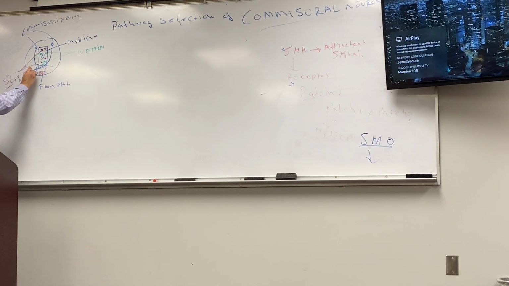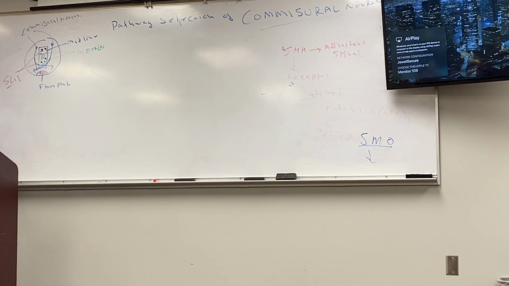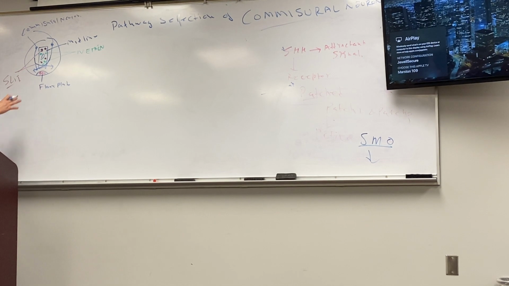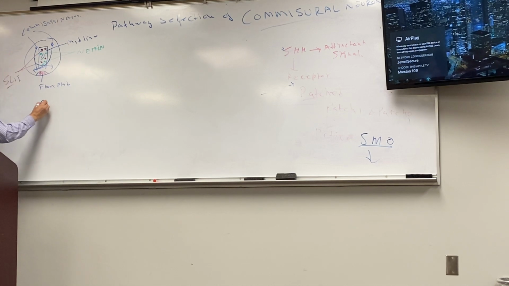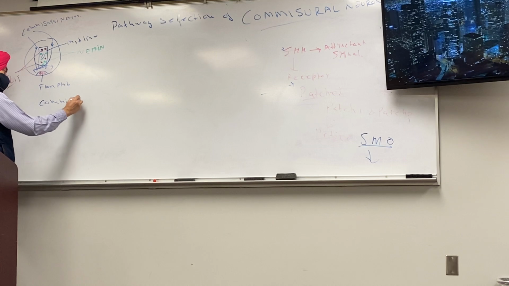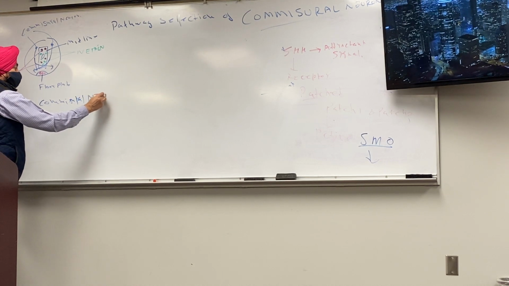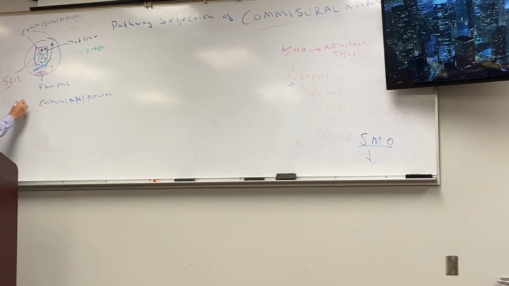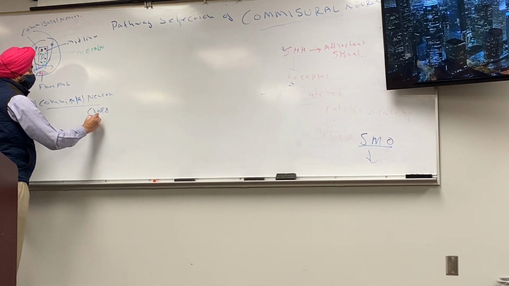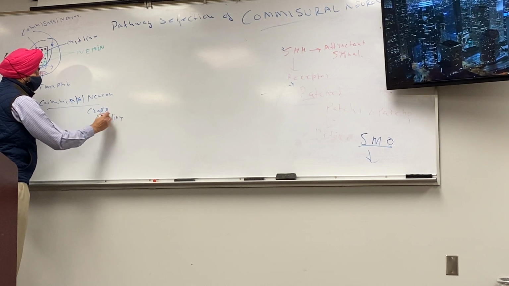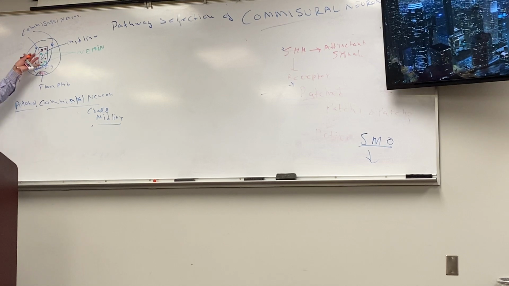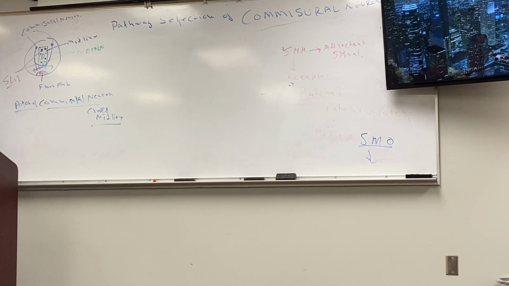So the axons of the commissural neuron cross the midline. Then how do they cross the midline? That's a very interesting question.